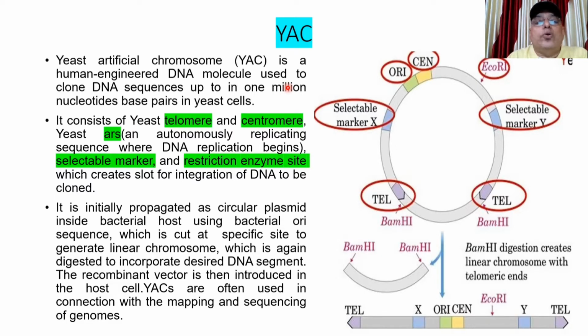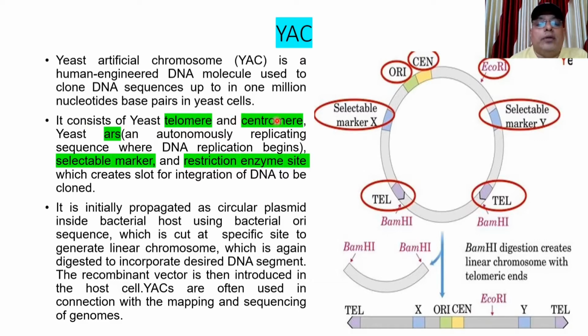So it has also got an origin of replication, which is represented by the autonomously replicating sequence, ARS. Autonomously replicating sequences or ARS are the site of origin. So it consists of telomere, that is the cap at the end of the chromosomes, at both ends.